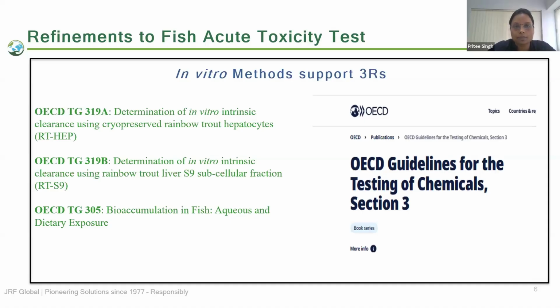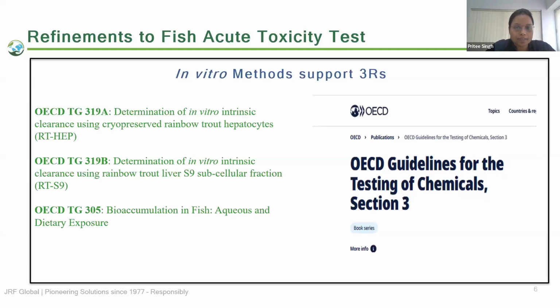that particular chemical. In OECD 305, that is bioaccumulation in fish, aqueous and dietary exposure, the fish are exposed to the test chemicals by aqueous and dietary exposure. There are two phases.